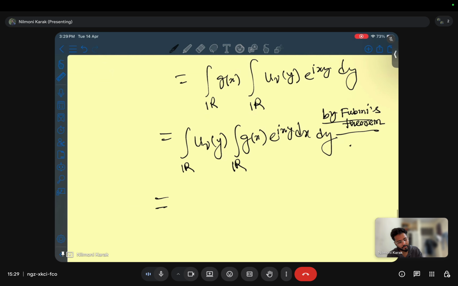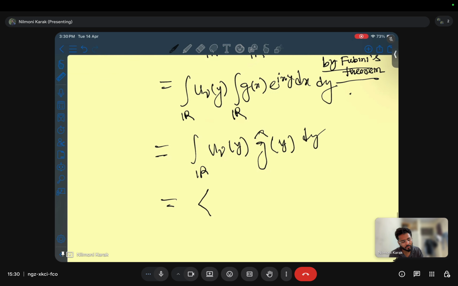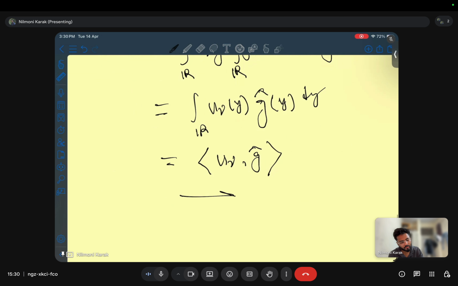And this is G hat(y) dy, and this is exactly the same as un applied to G hat, and this goes to u applied to G hat.